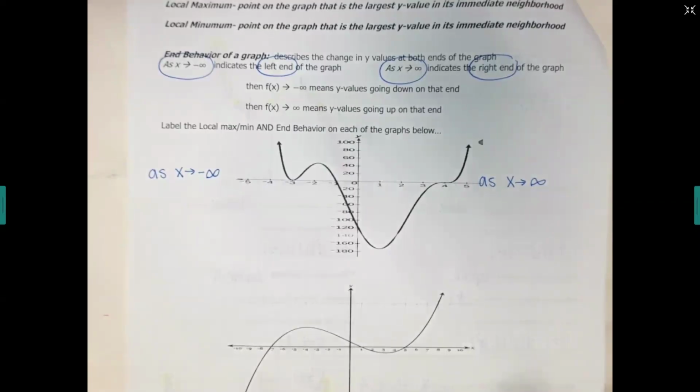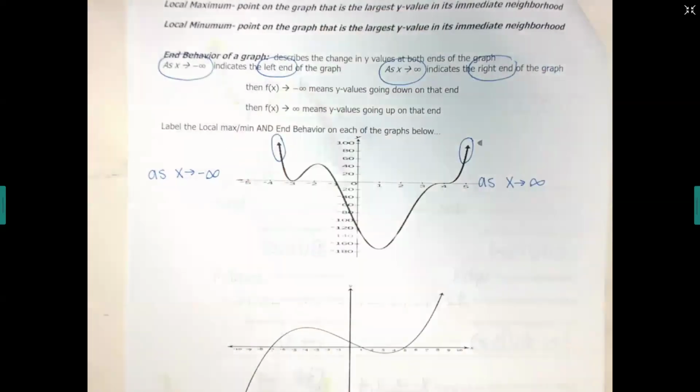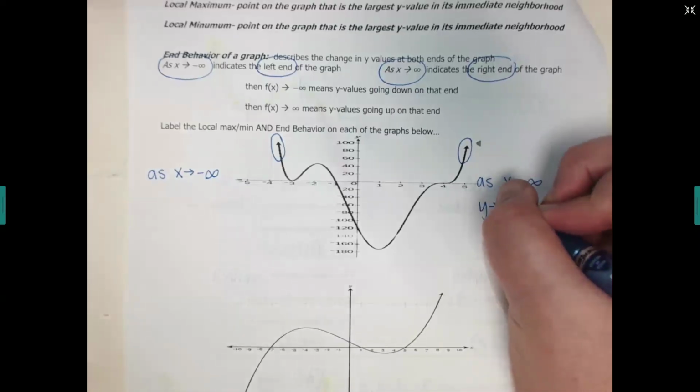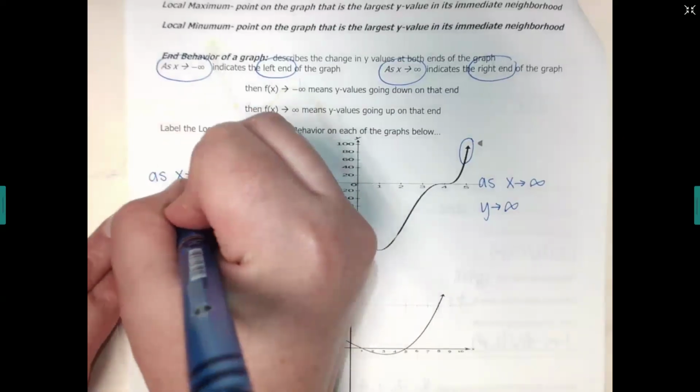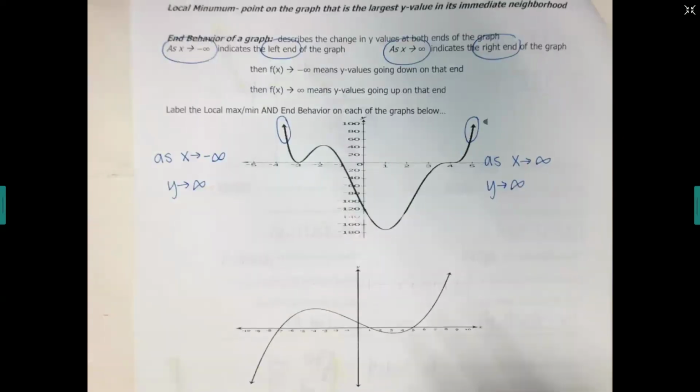So if your end is pointed up, you're going to let your y go to infinity. If your end is pointed down, you're going to do your y to a -infinity. So for this graph, which way are both of your ends pointed? Up. Then your y goes to infinity on both. Okay?